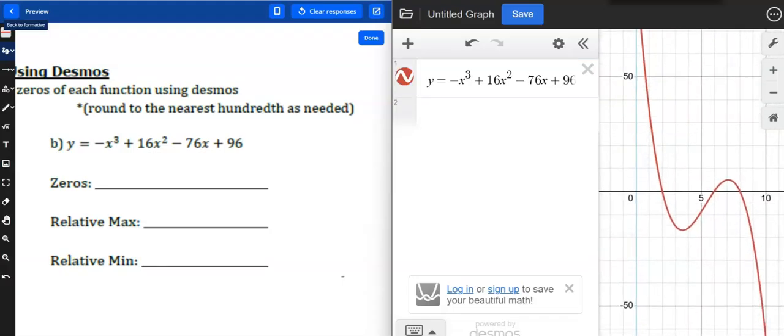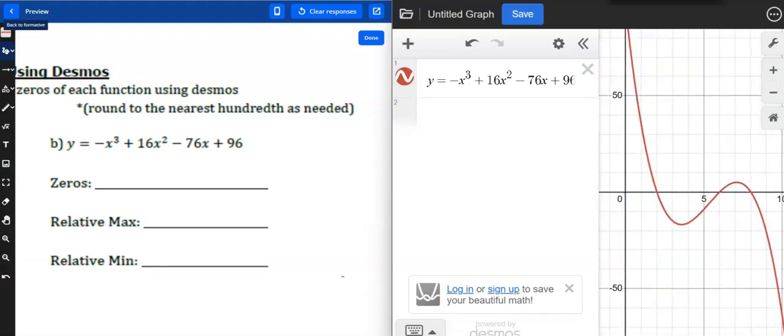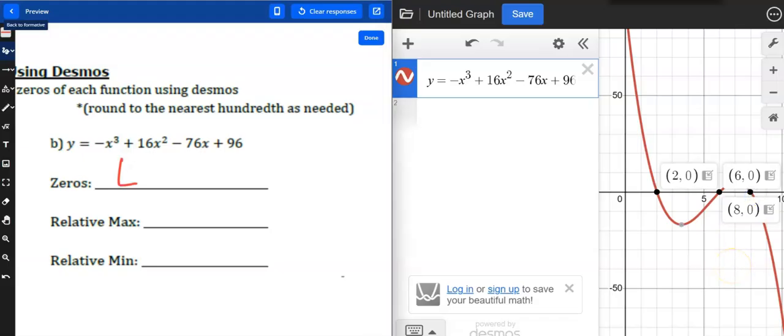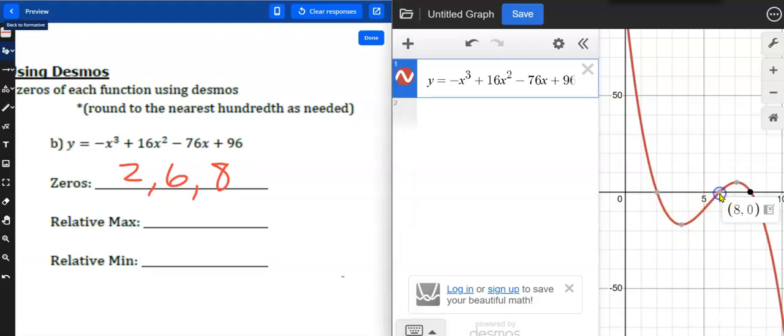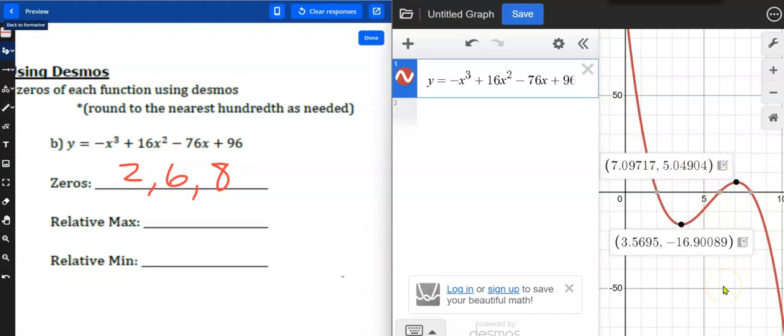Maybe I stretch it out, shrink it down a little bit. Take a look at it. Need to find my zeros. 2, 6, and 8. Relative max. 5.04.